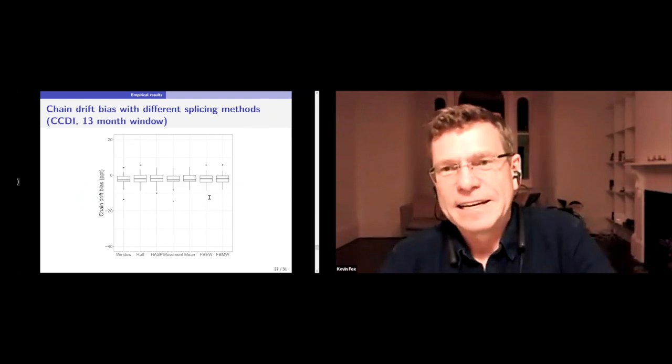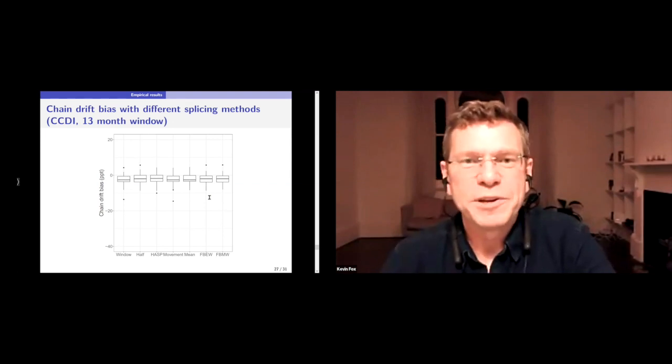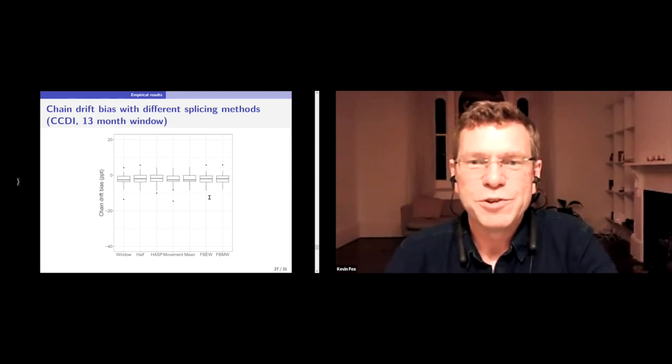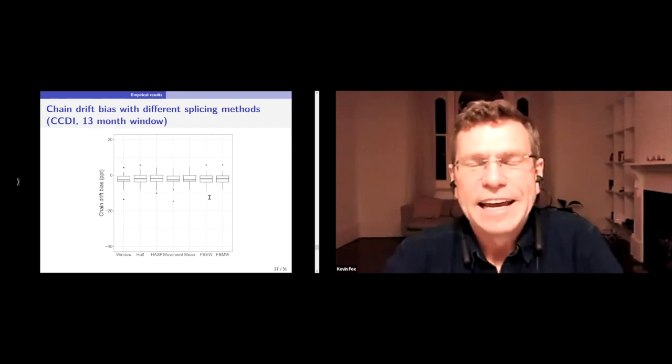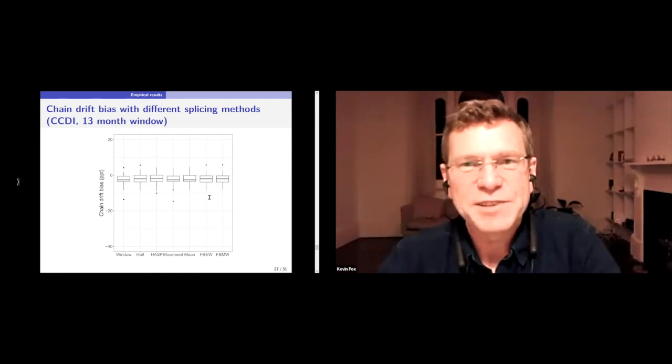So that's CCDI. So all these different splicing methods, each with a 30-month window, and you see it doesn't really matter which method you use, you get very similar results. But you notice with the mean method there's no outliers. So perhaps marginally we prefer the mean splice in that case.